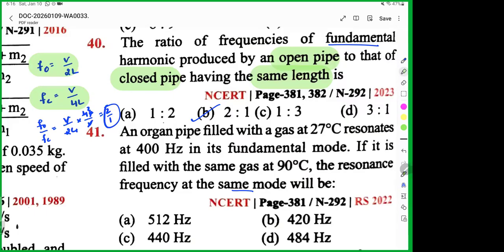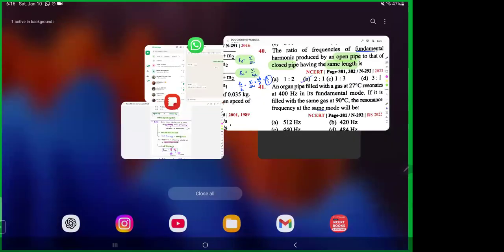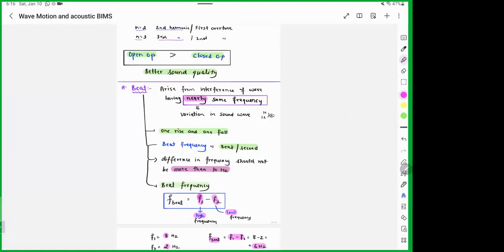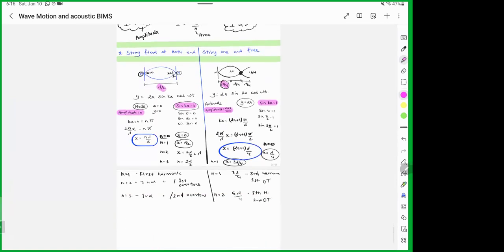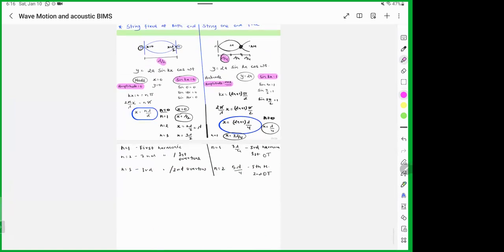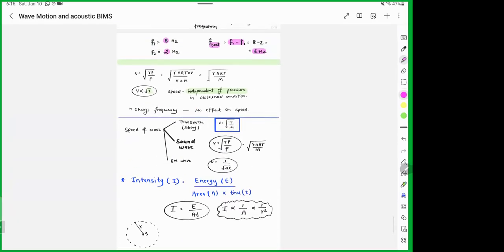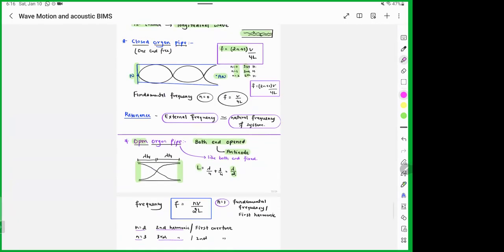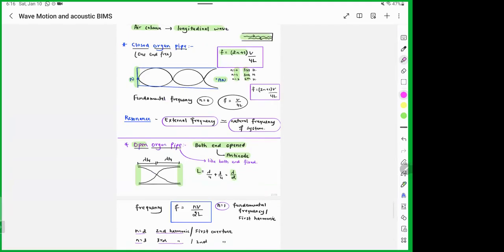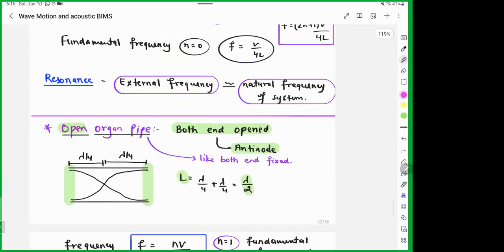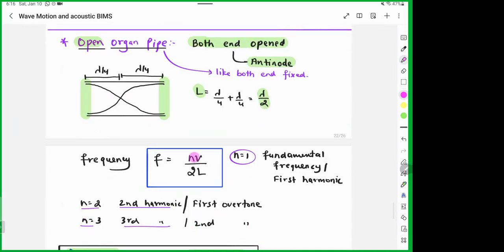Yes. Now look at our notes. Where is this beat frequency? See, in open pipe, what is your frequency? Open pipe, nV by 2L.